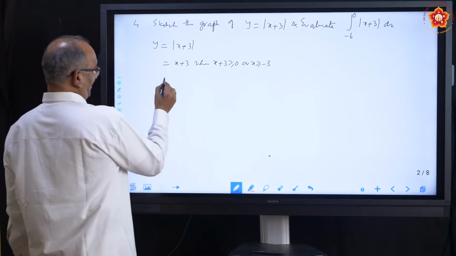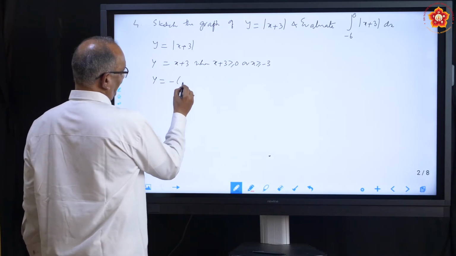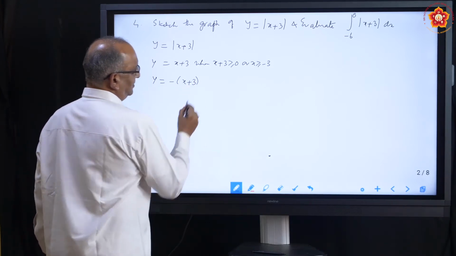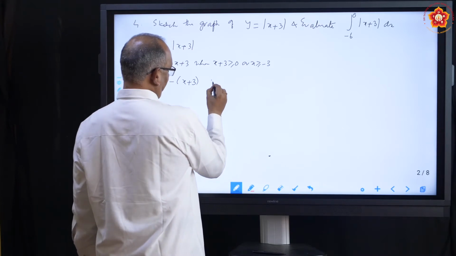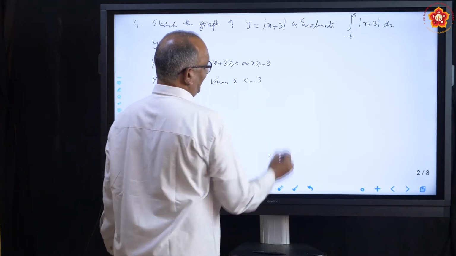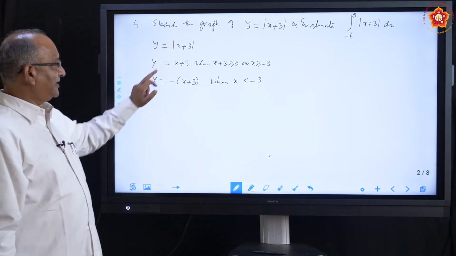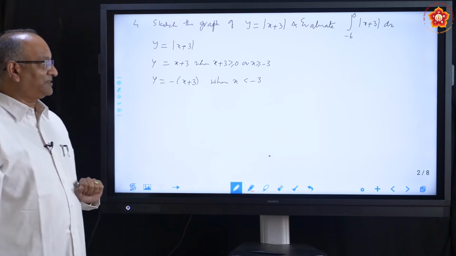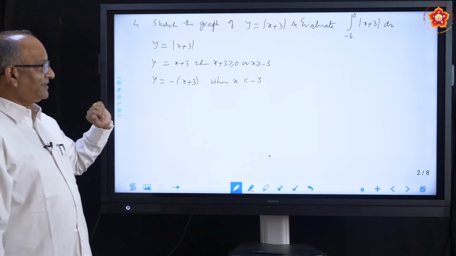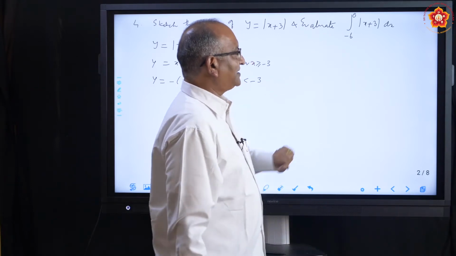And y is equal to minus of x plus 3 when x is less than minus 3. So we have basically two things: one is x plus 3, another is minus of x plus 3. And what is he asking? He says evaluate the integral from minus 6 to 0 of modulus of x plus 3.